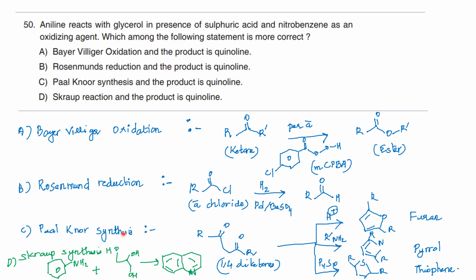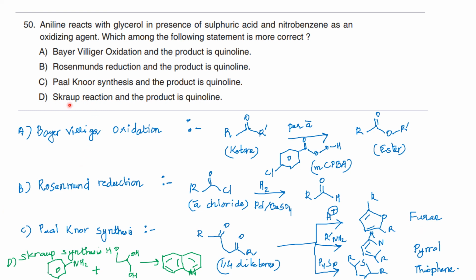Now coming to Paal-Knorr synthesis, these two reactions, that is Paal-Knorr and Skraup reaction, are actually reactions for synthesizing heterocyclic compounds. In Paal-Knorr, it is a versatile reaction, that is, using a single starting material, 1,4-diketone, you can synthesize oxygen, nitrogen and sulfur based heterocyclic compounds. For synthesizing furan, you have to carry out the reaction in presence of an acid. When it is carried out in presence of a base like an amine, it forms pyrrole, and in presence of P4S10, it forms thiophene. Okay, so this is also not the right answer.